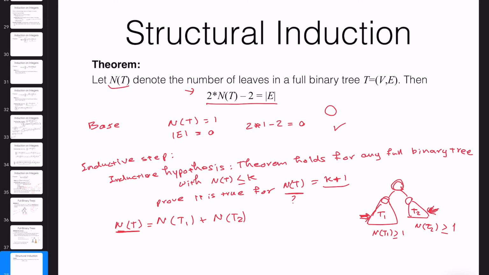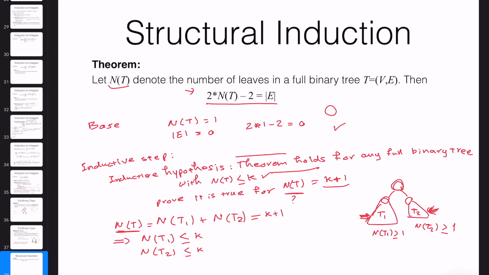So in that case, what I can conclude here is that because the summation of these two is equal to k plus 1, the number of leaf nodes in T1 is less than or equal to k, and the number of leaf nodes in T2 is also less than or equal to k. Because I know the number of leaf nodes in T1 and T2 are less than or equal to k, I know that the theorem will hold for them.